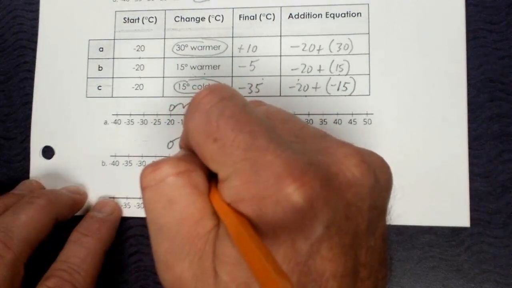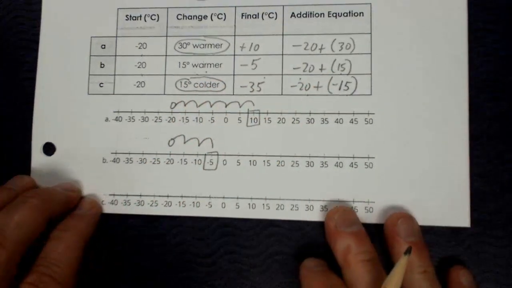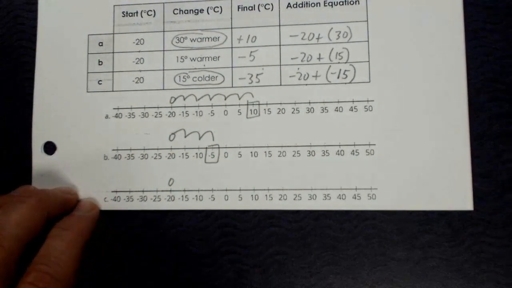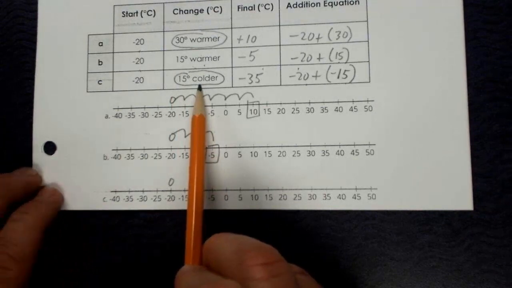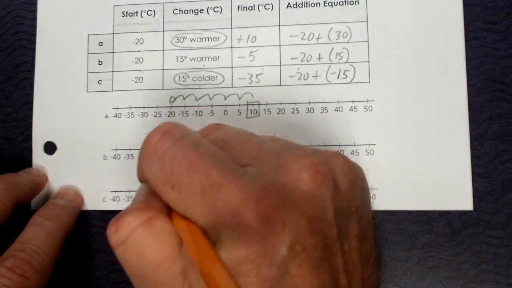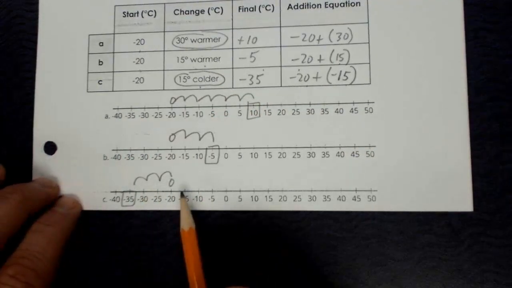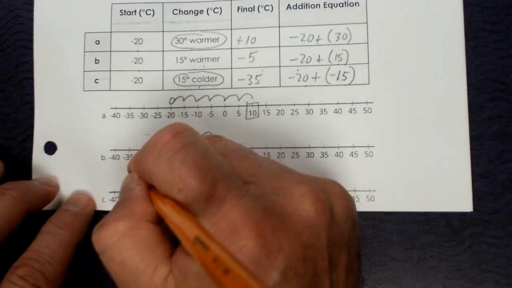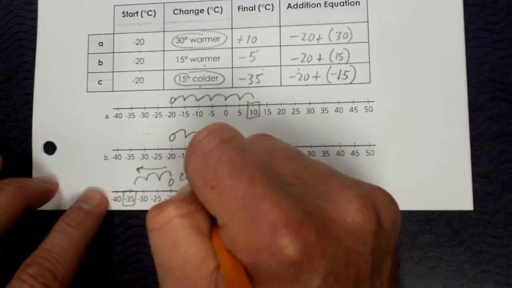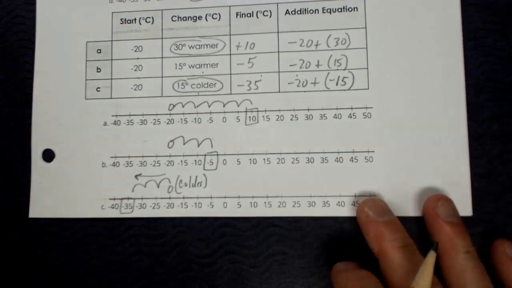So I'm going to go 5, 10, 15. Starting at negative 20 again. What's happening? 15 degrees colder. 5, 10, 15. Now notice I went this way this time because it's getting colder. Okay, so there's your two examples for part 1.